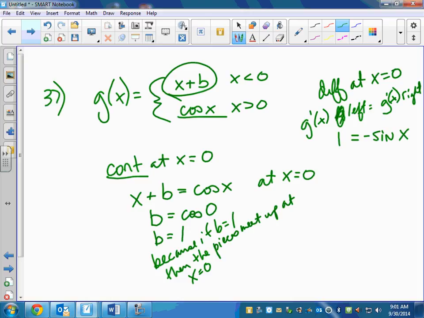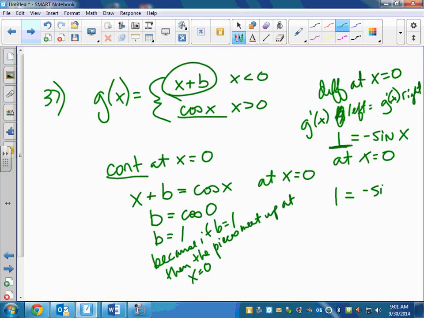It could ask us where is the derivative equal to each other, but it doesn't. It tells us, is it differentiable at x equals 0, which means now plug in 0 to both sides and see if it equals each other. People get confused by this side because how do you plug 0 in there? But again, think about x plus b. X plus b is a linear line, so the slope is always going to be 1. So the slope of this side is going to be 1. But what about this?